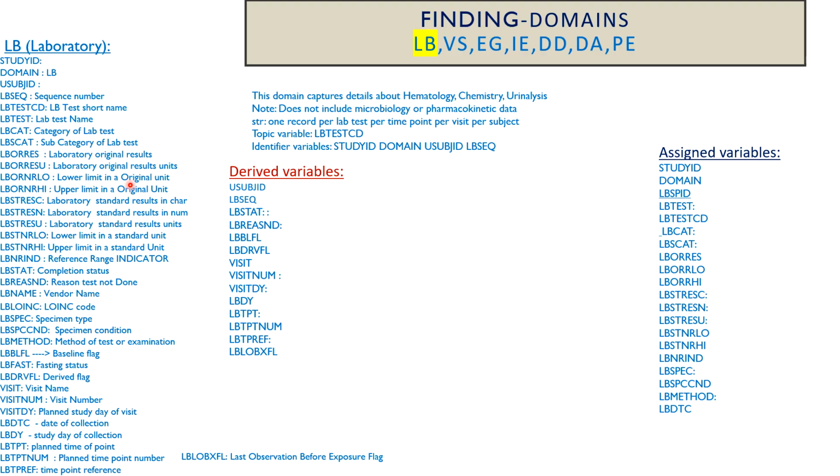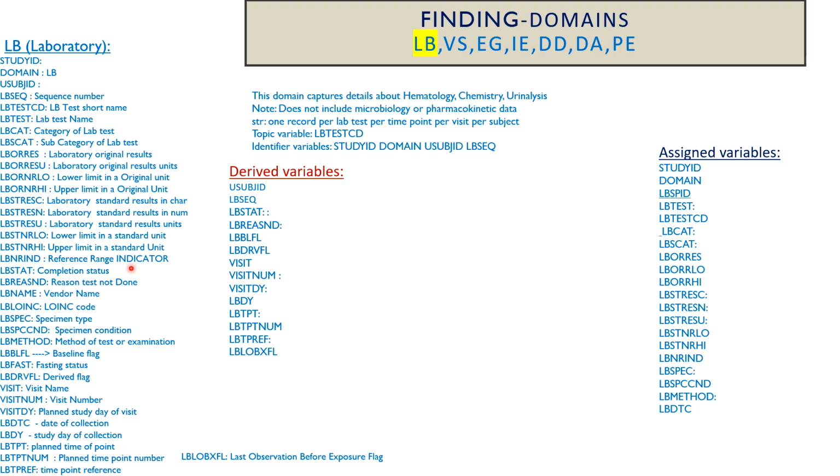Next are the standard results, which are derived based on the original results. Standard results have a character form and a numeric form, also with units, lower limit, and higher limit. LBNRIND is the reference range indicator, with values like low, high, or normal, and those details are captured in LBNRIND.